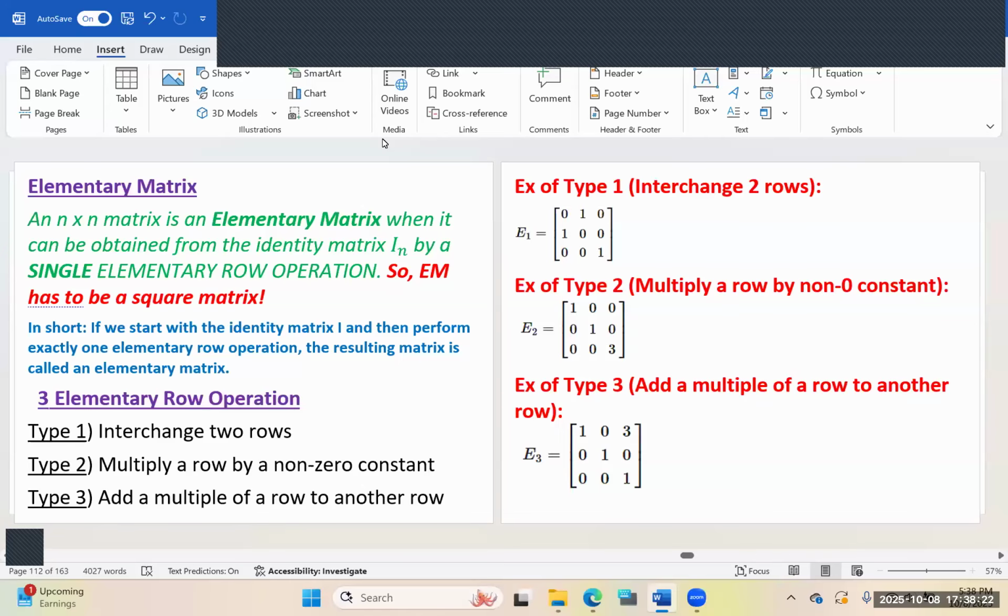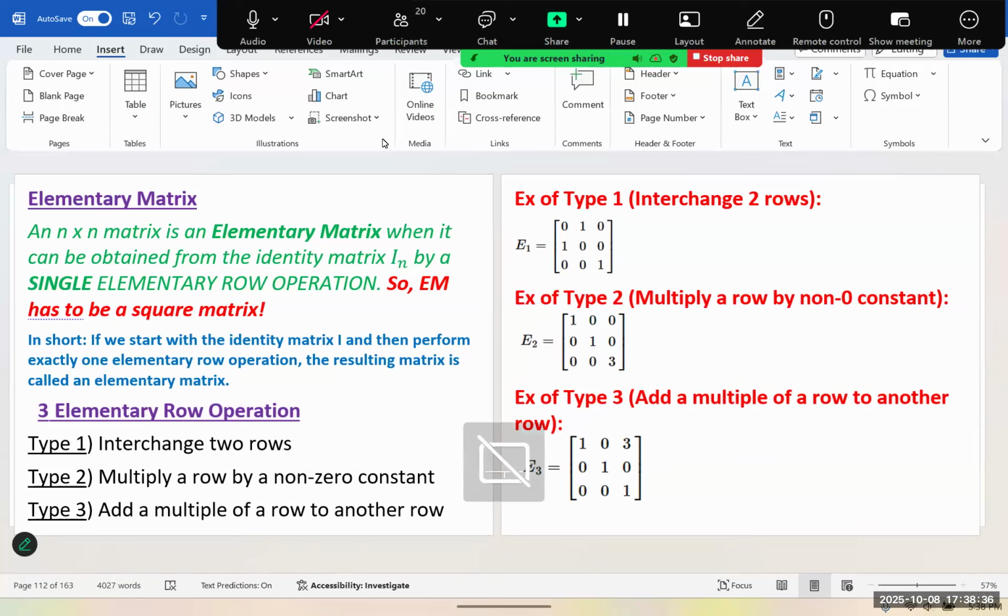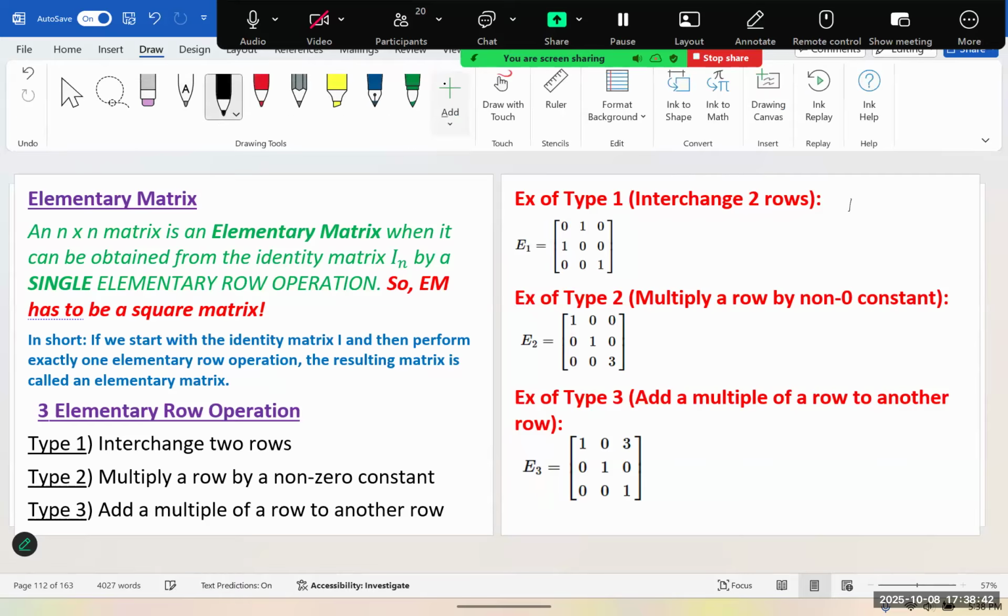For example, the first example here, we have a matrix row-wise 0, 1, 0, 1, 0, 0, and 0, 0, 1. Now, if you compare this with the identity matrix, we know that the identity matrix is 1, 0, 0, 0, 1, 0, and 0, 0, 1.